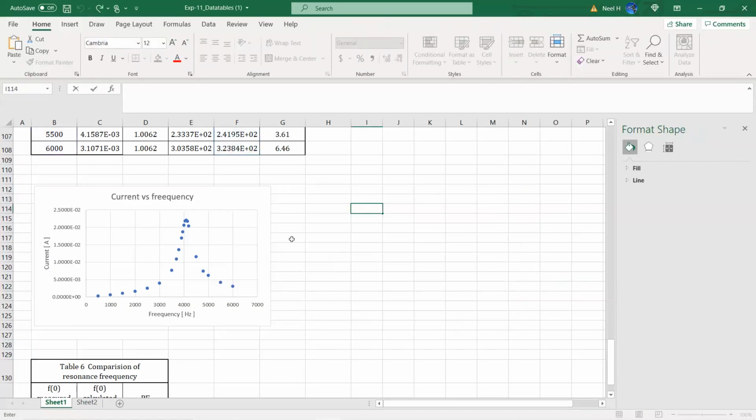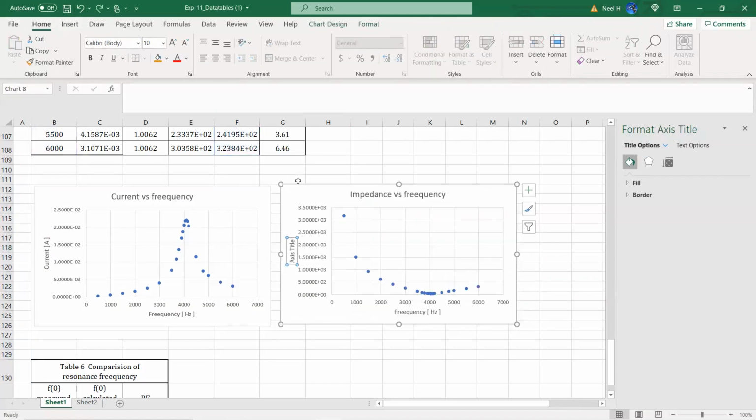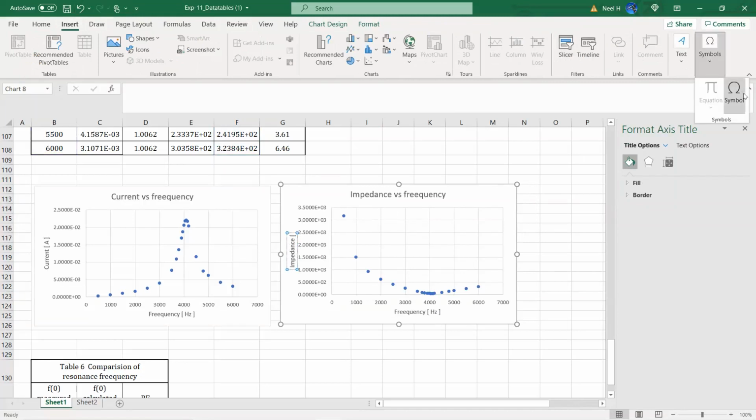Total impedance of the circuit. Impedance, unit ohms. Okay, any question?